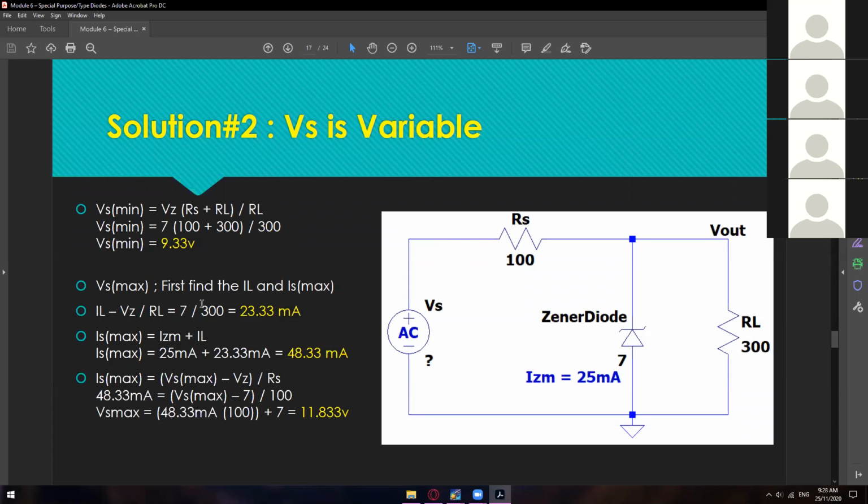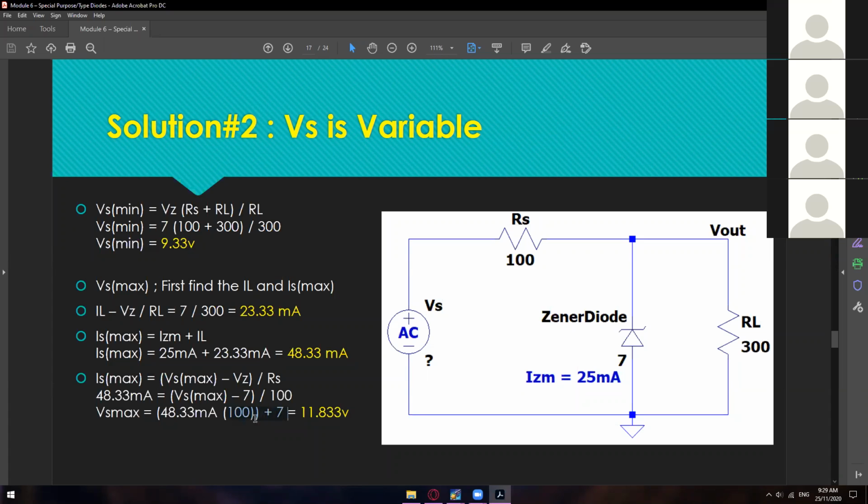Once you're done with those two, that's the time that you can solve for the VS max. We have this formula: IS max is equal to VS max minus VZ divided by RS, wherein IS max is 48.33 milliamps, VS max is the missing value that we're trying to solve, VZ is 7 volts, and RS is 100 ohms.